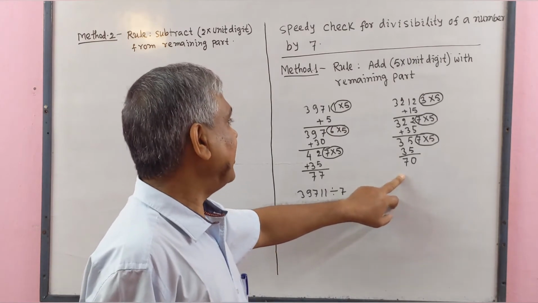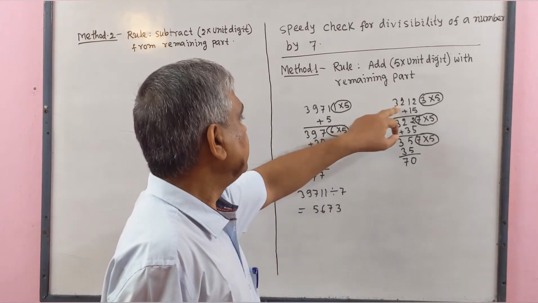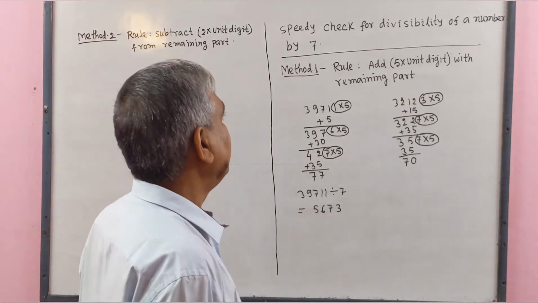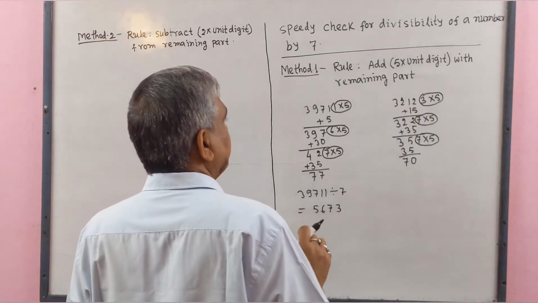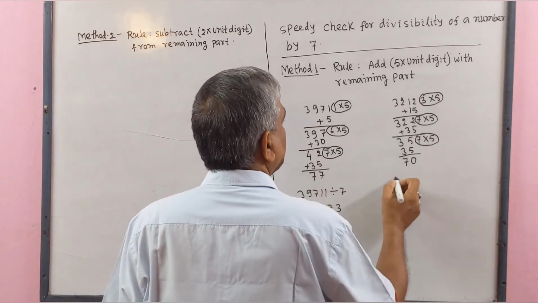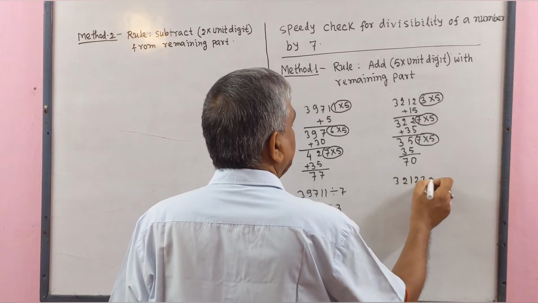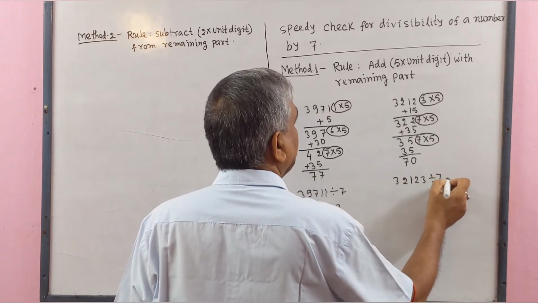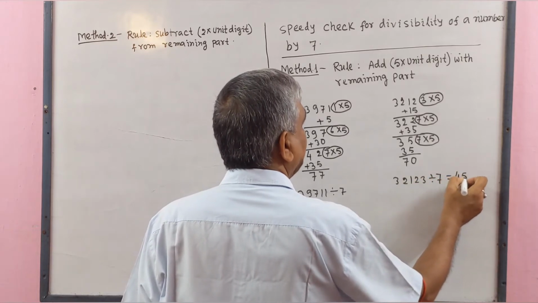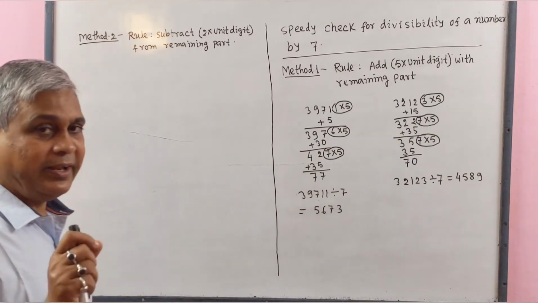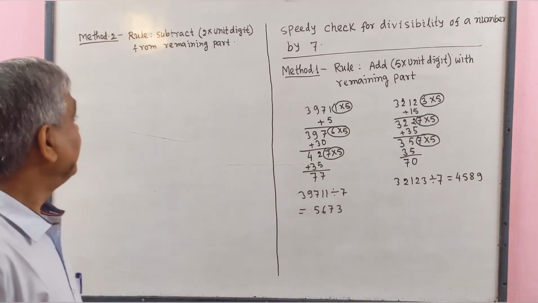Then we declare that 32123 is divisible by 7. If we check this, 32123 divided by 7 is equal to 4589.